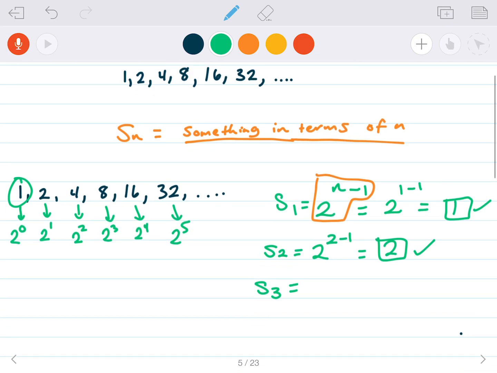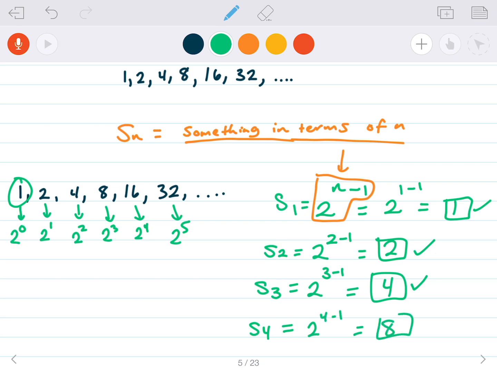Well, again, using my formula up here, I just plug in 3 for n, and I get 2 to the 3 minus 1. 2 squared is 4. That checks out. 4 is indeed in the third position. And, you know, it checks out all the way through. So let's just finish this off. S sub 4 is 2 to the 4 minus 1, which is 8. That checks out.